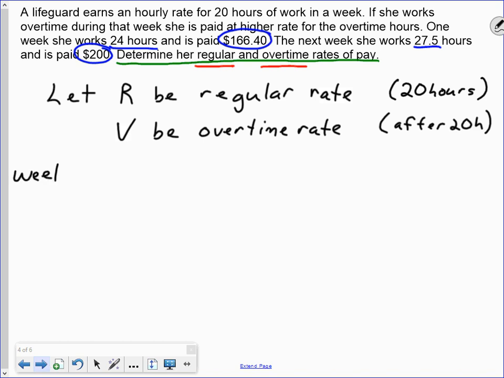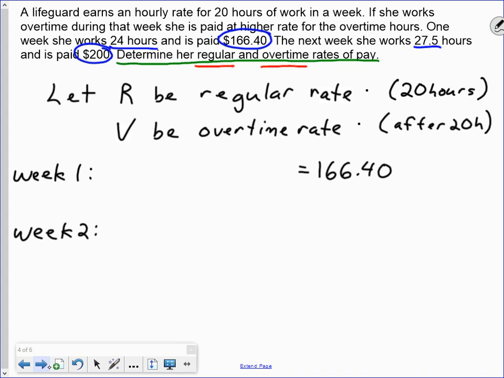We'll say week 1 and we'll say week 2. Week 1, her total was $166.40. Now that was made up of working at the regular rate and working at the overtime rate. How many hours did she work at the regular rate?